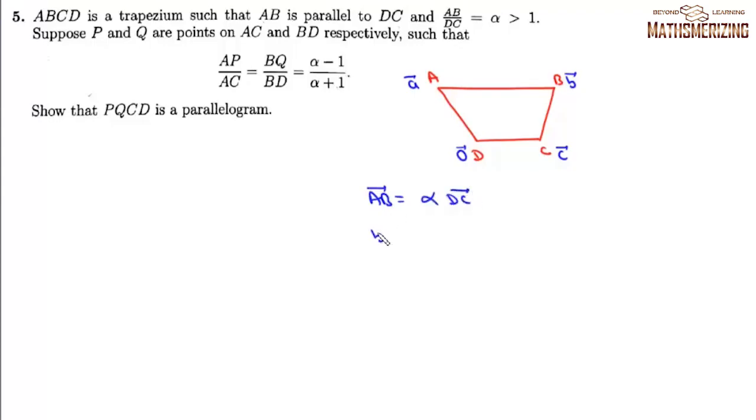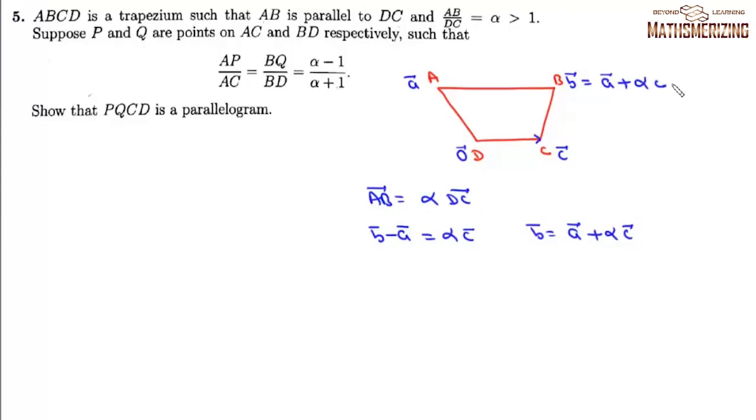Now AB is B minus A and DC is simply C. So we can write this B as A plus alpha C. So this position vector of point B will be A plus alpha C.